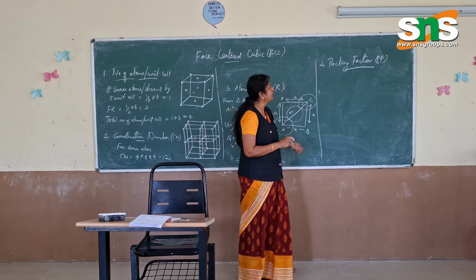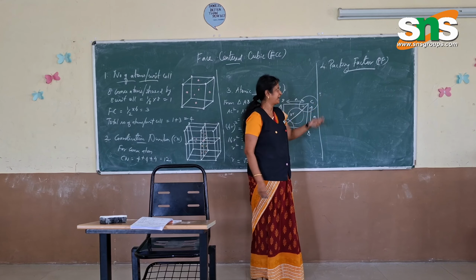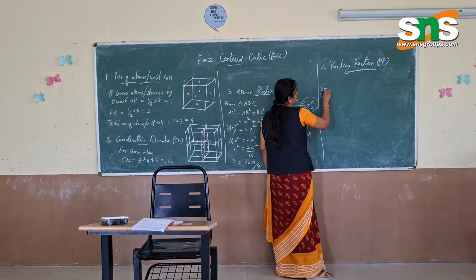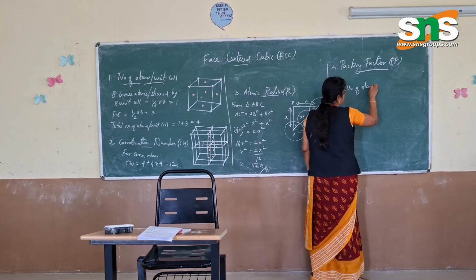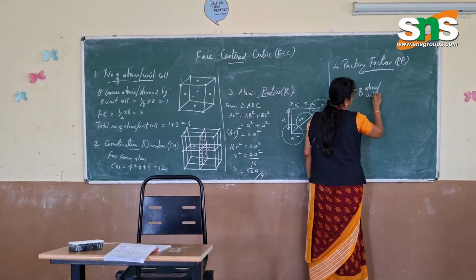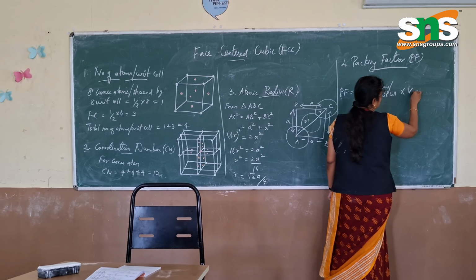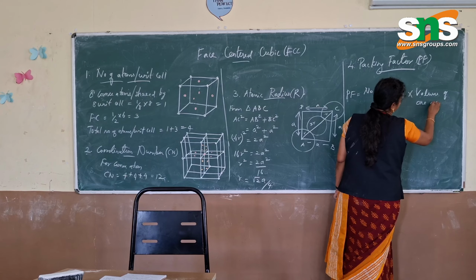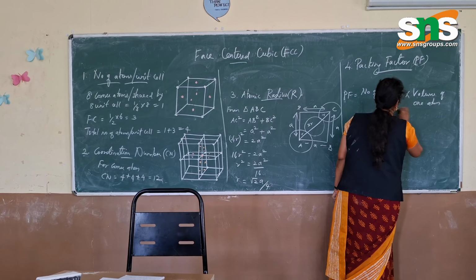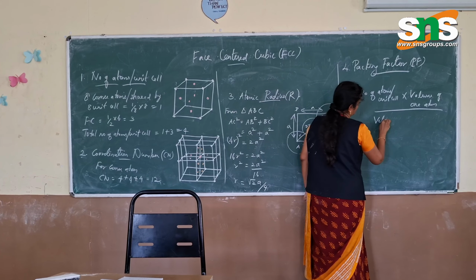So next we can calculate the packing factor. The formula is number of atoms per unit cell into volume of one atom, per volume of the unit cell.